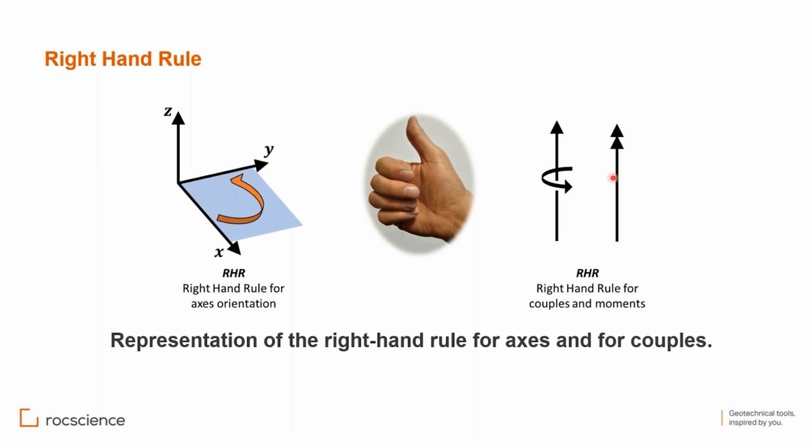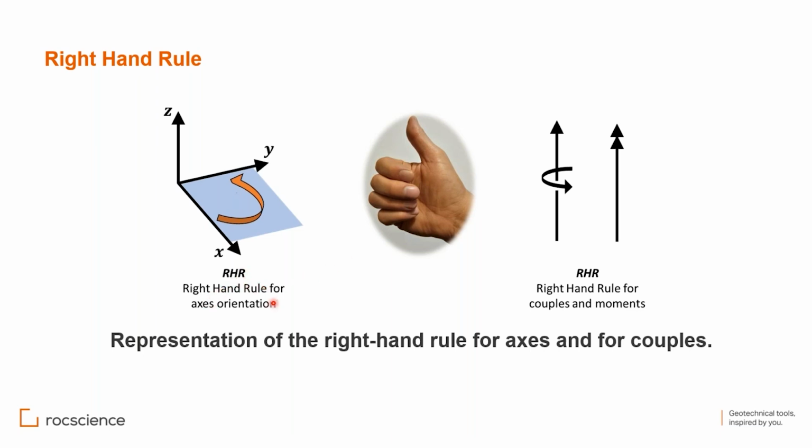And you may denote them as an arrow with two heads, or you can use one arrow with a rotating arrow for the moment direction. Anyway, if you say the moment is positive around x-axis, then you know what that means.